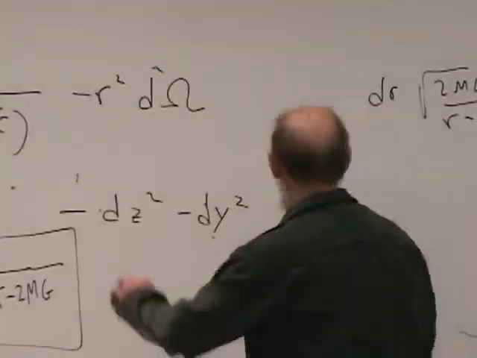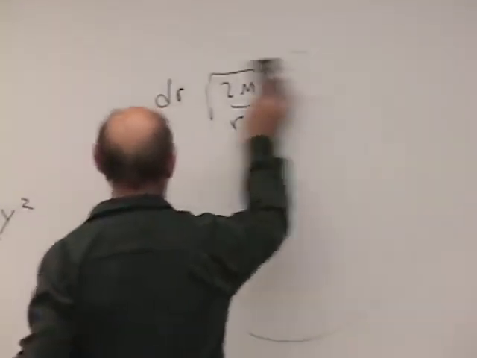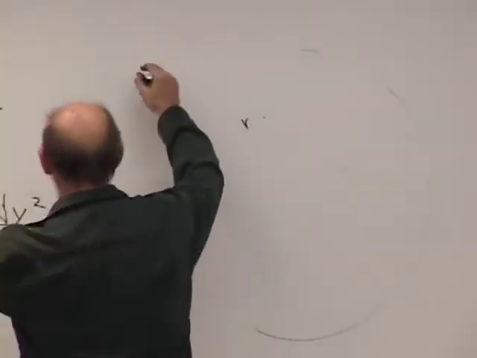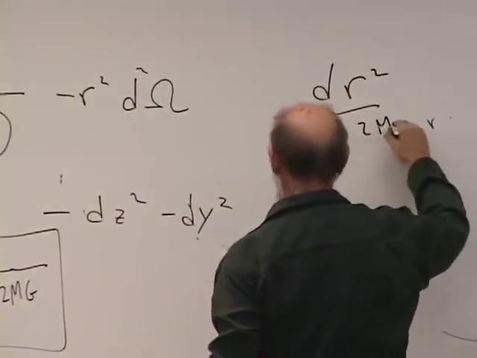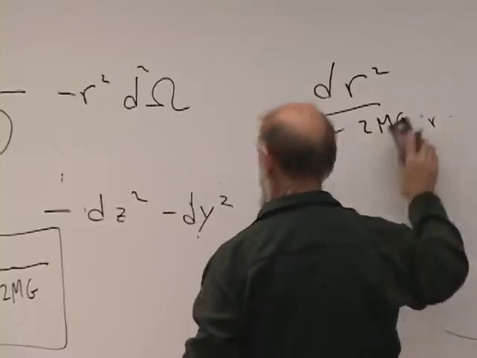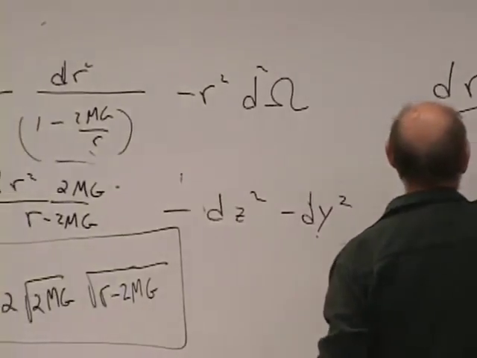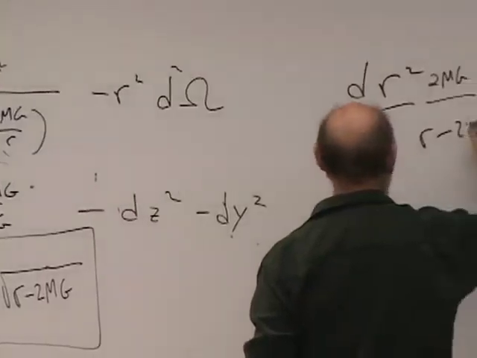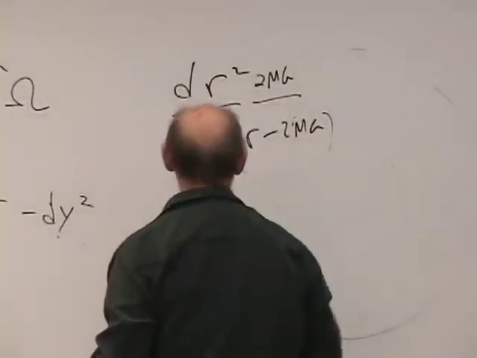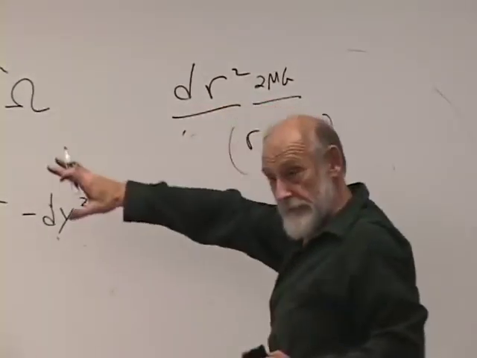Okay, look. Let's go back one more step. Here we have this dr squared over 1 minus 2mg over r, minus 2mg, okay? Whoever asked the question, are you happy with that? I didn't do anything, I just rewrote it.